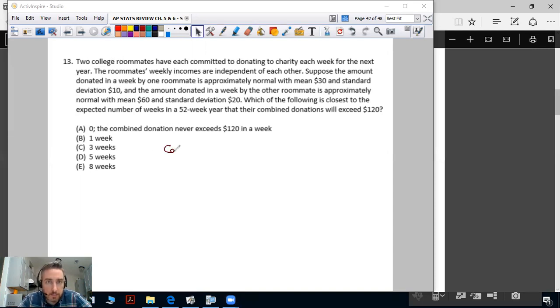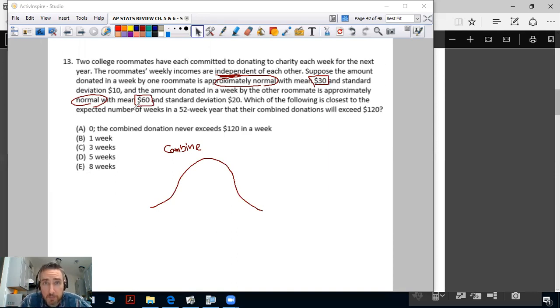Let's combine. We want to get a normal curve. It says the two roommates are independent of each other, so that's important. But what we're told is they're approximately normal for each one. So we can take our means. Our means are 30 and 60.